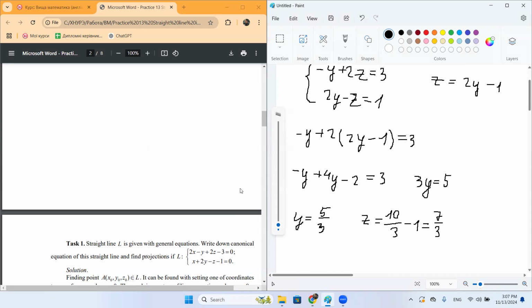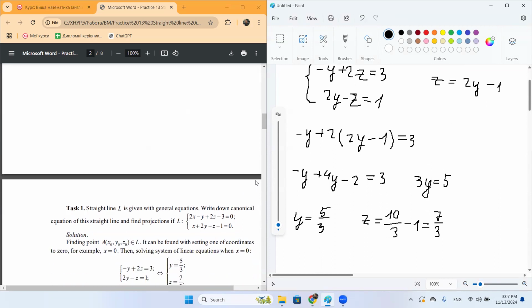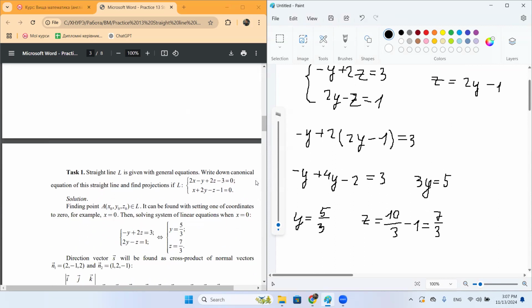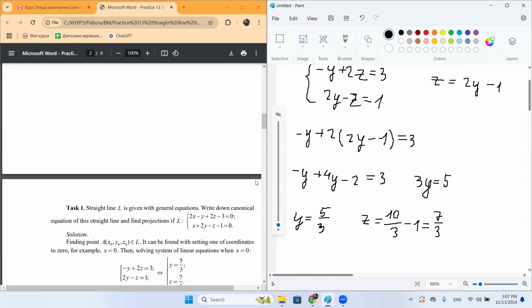What else do we need? We need to find the direction vector. How to find the direction vector?